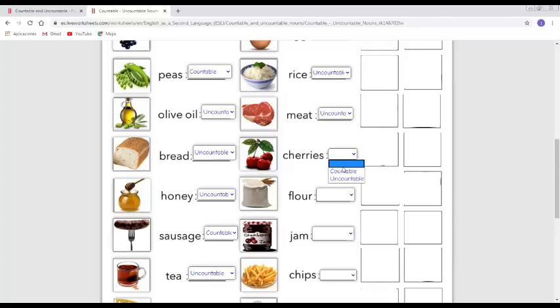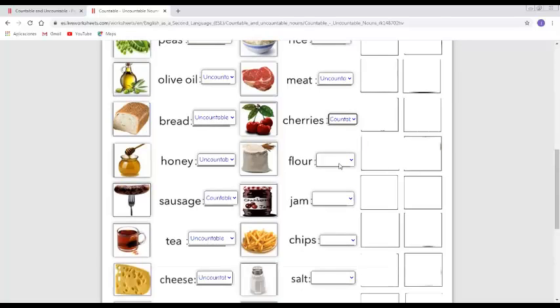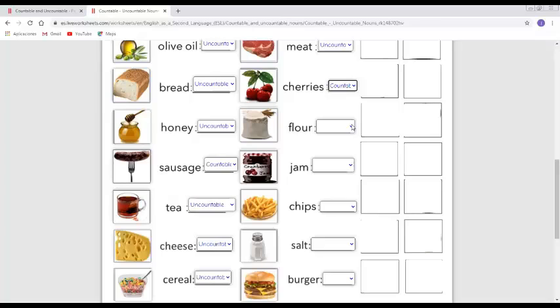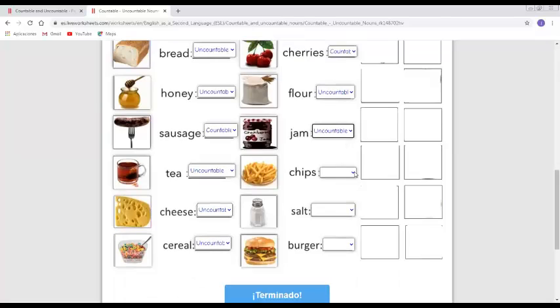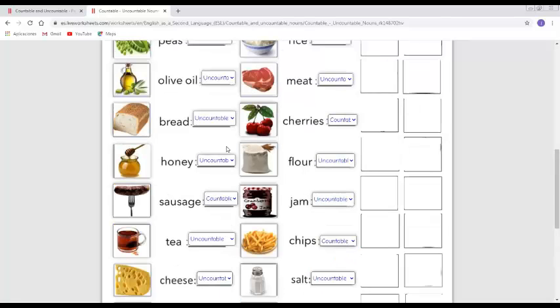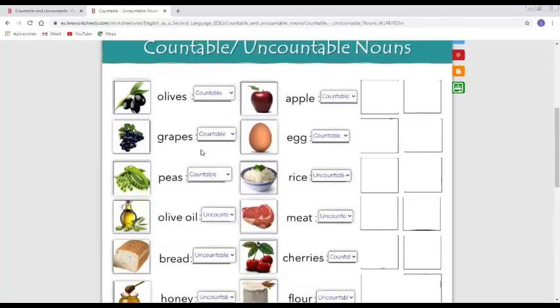Cherries, countable. Flour, uncountable. Jam, uncountable. Chips, countable. Salt, uncountable. And burger, countable. Okay?